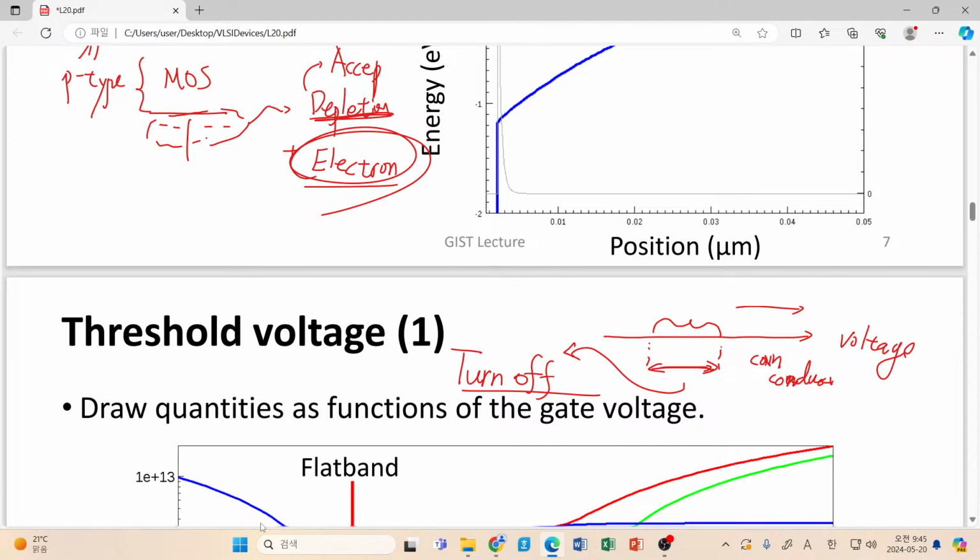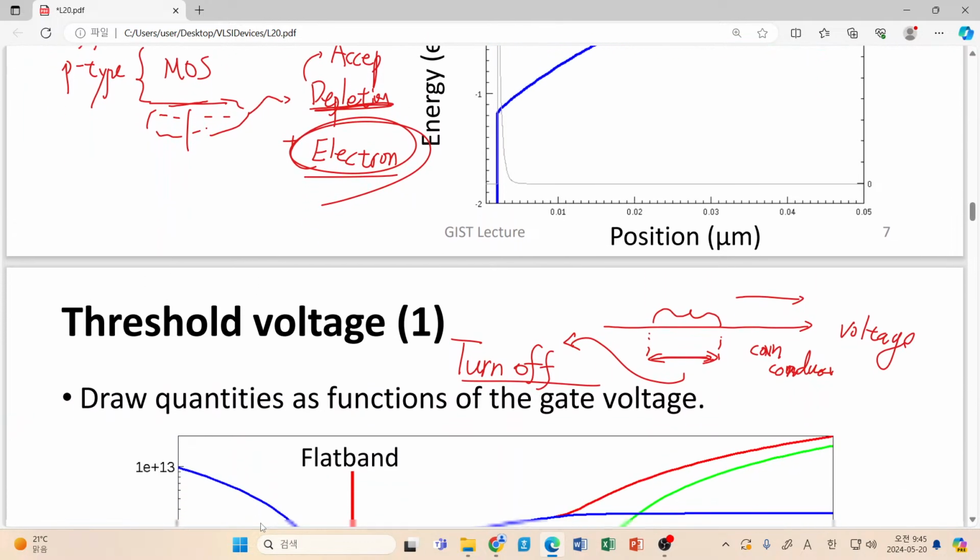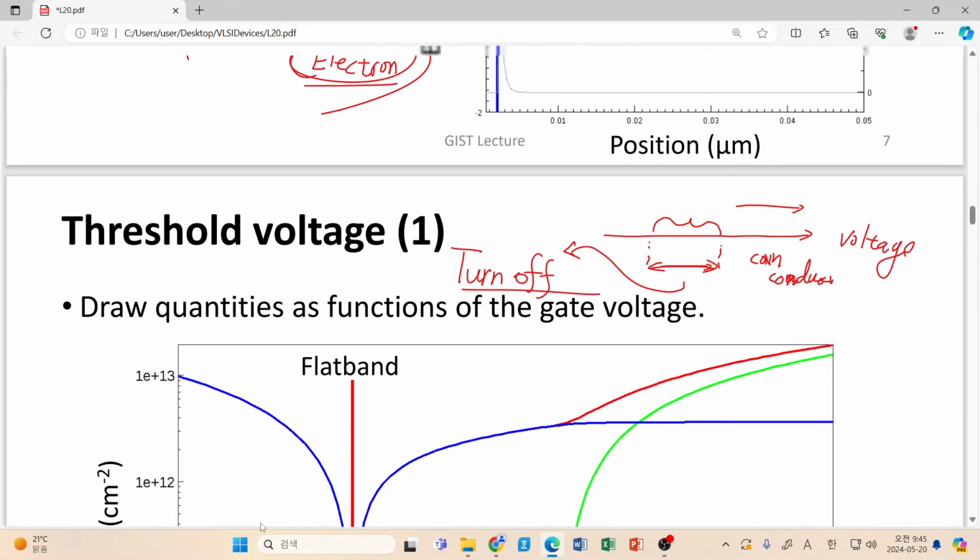So this MOS structure gives us that possibility. By applying relatively low gate bias, we can control the number of charge carriers, and it is corresponding to the very important point of our MOS capacitor.